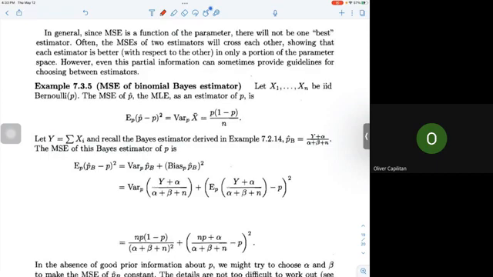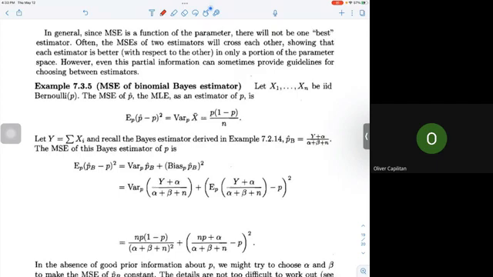So what did we learn this afternoon? We covered the last two methods of point estimation: the Bayes estimation procedure and the EM algorithm procedure.